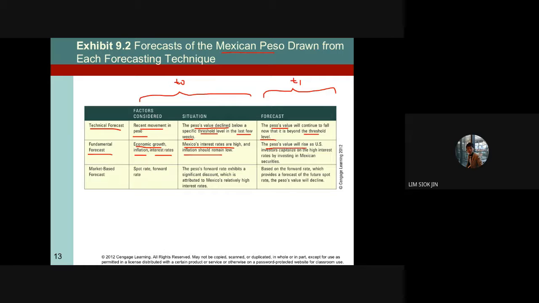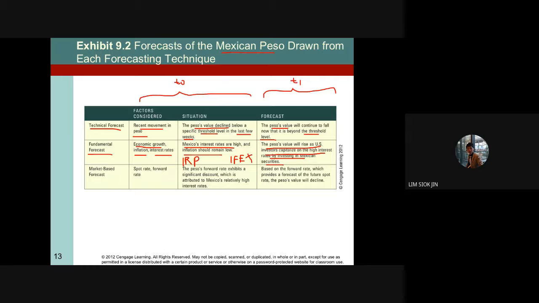Therefore, the peso value will rise as the US will capitalize on the high interest rate by investing in Mexican securities. Remember, when they say interest rates are high and inflation is low, we don't take the IFE, because IFE says when interest rate is high, inflation is high. So it is not IFE, it is more IRP, interest rate parity.